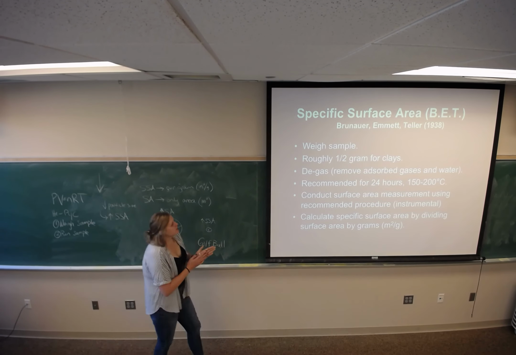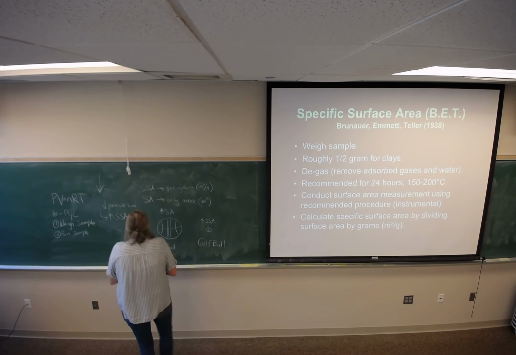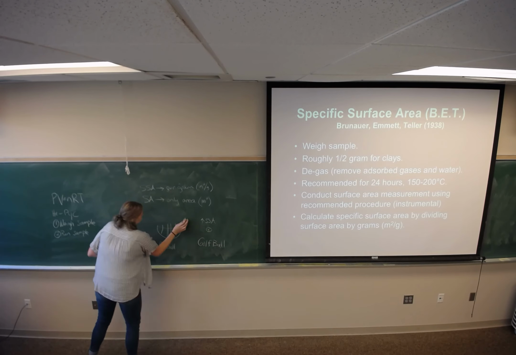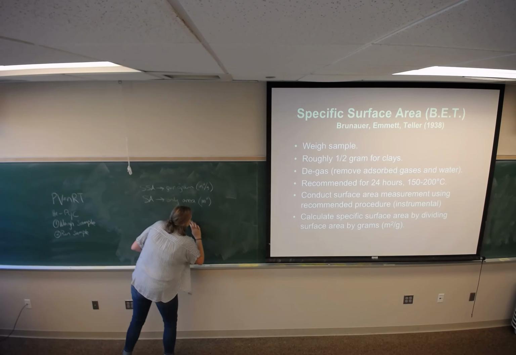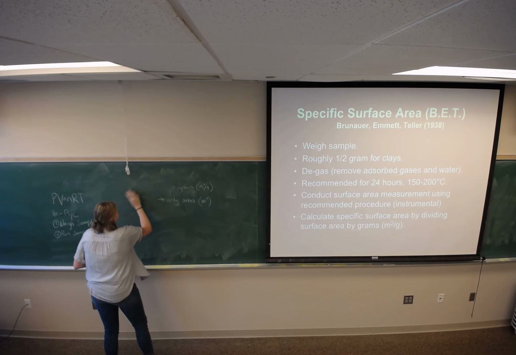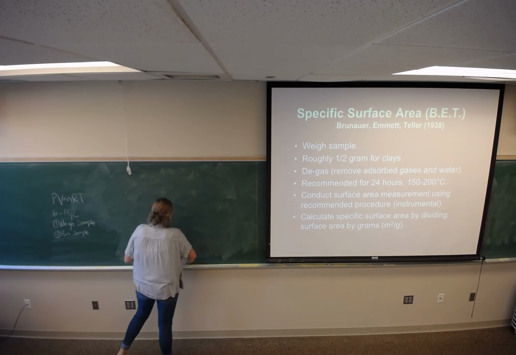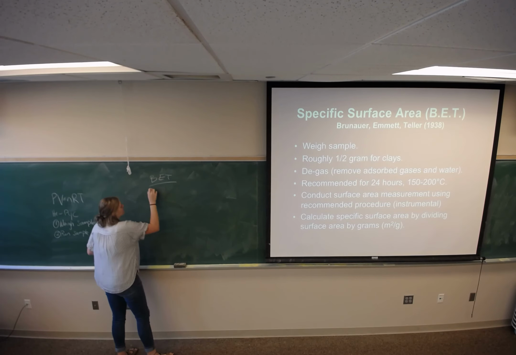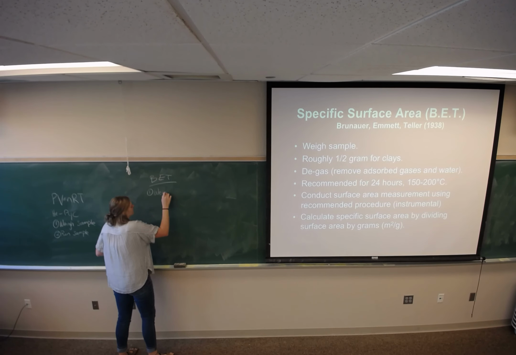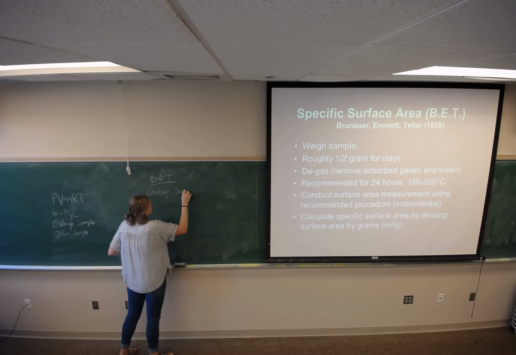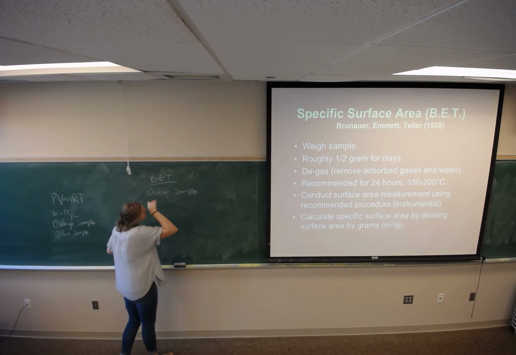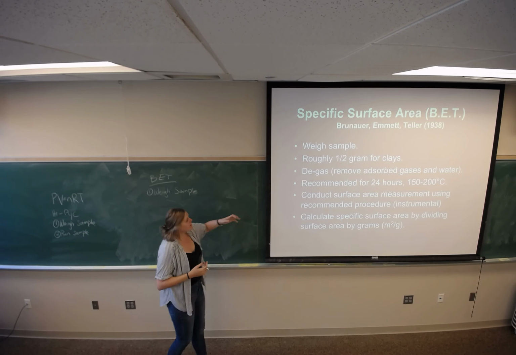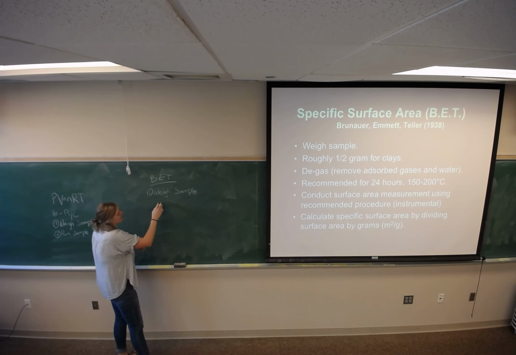So, the BET, the way this works, essentially we start the same way as with our pycnometer, so we measure the weight first, so we weigh our sample. This is kind of hard without you guys seeing it, but basically you need a decent amount of surface area to be able to get an accurate specific surface area measurement.